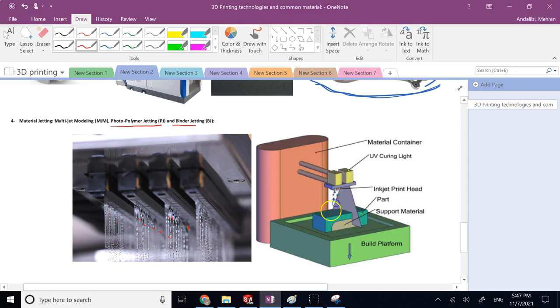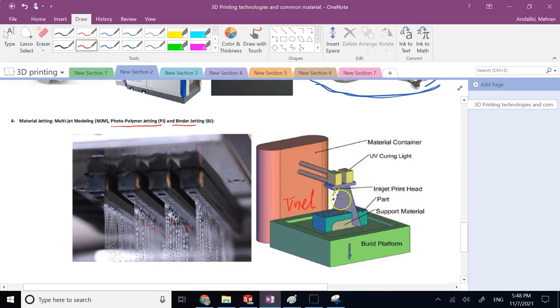All of these droplets, or sometimes they are called voxels or 3D pixels, drop on the print bed or on the previous layer, and then the UV light selectively cures them. Or, as I said, if there are powder particles on this layer, they drop the binder droplets on them and then cure the binder and those powders all together.